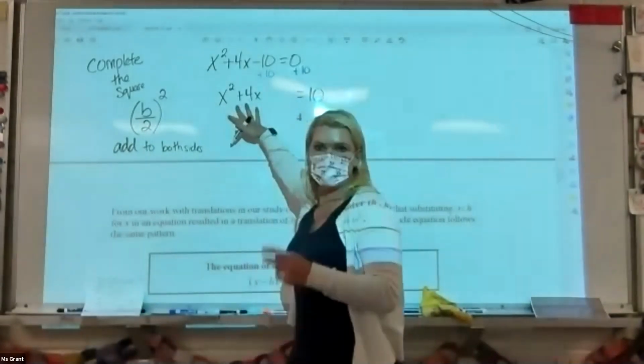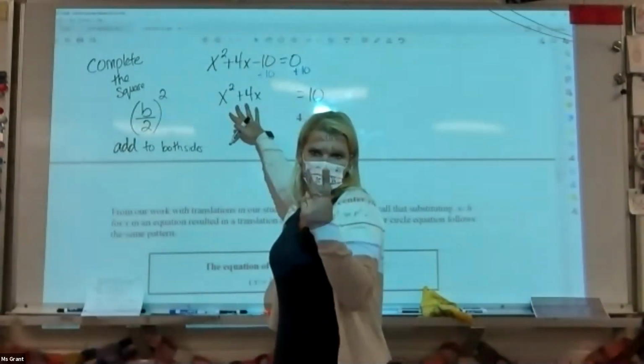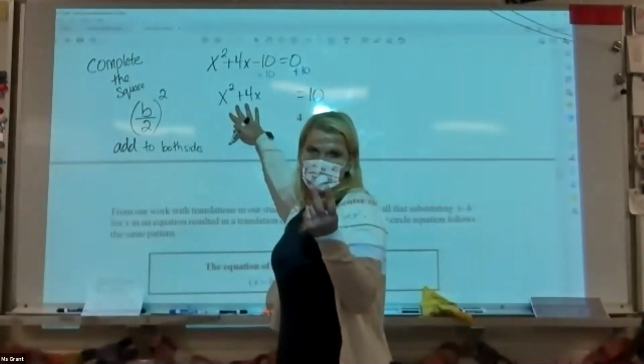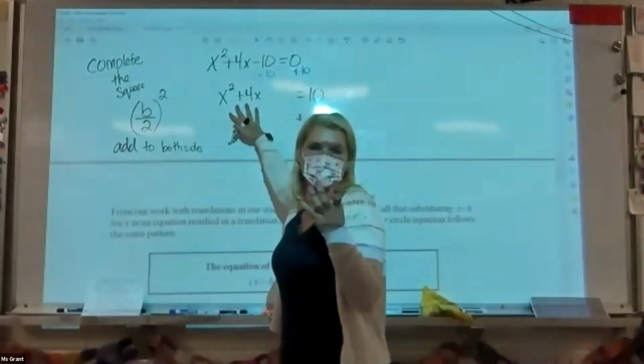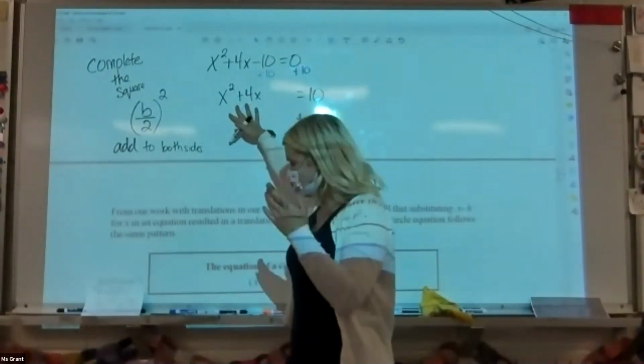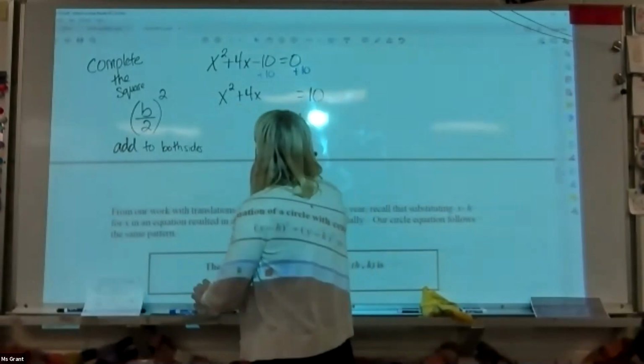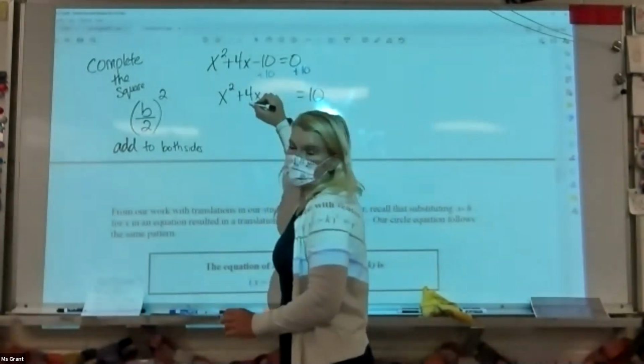Right now I have a two-term quadratic, but I need to find what is that c, what is that third term? And it's found by doing, so b is 4, right?